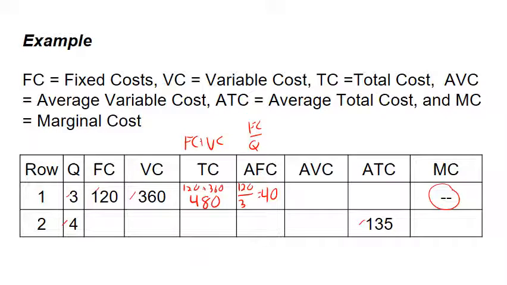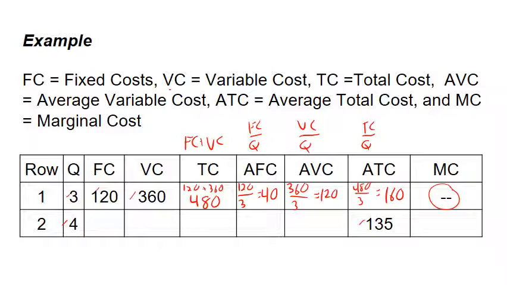Average variable cost is variable cost over Q. So we're going to take 360 over 3, and that'll be 120. And average total cost is total cost over Q. That'll be 480 over 3, which is 160.